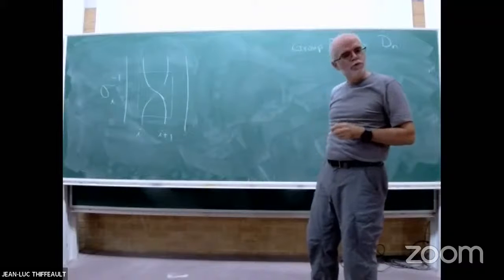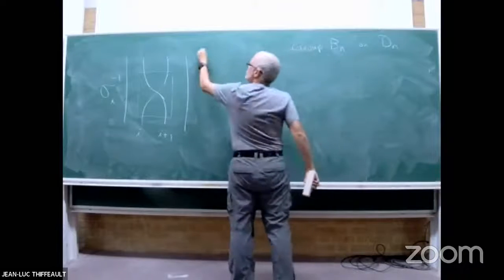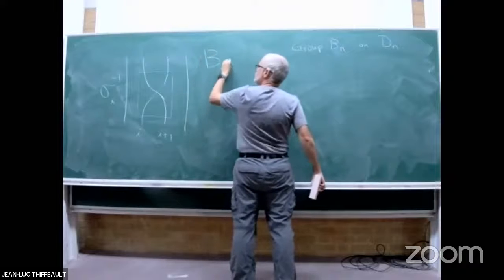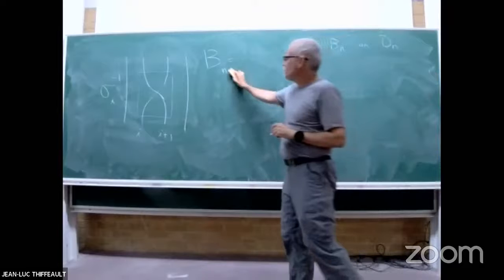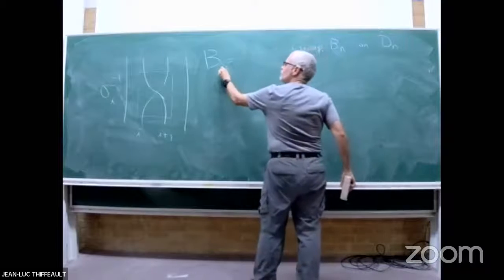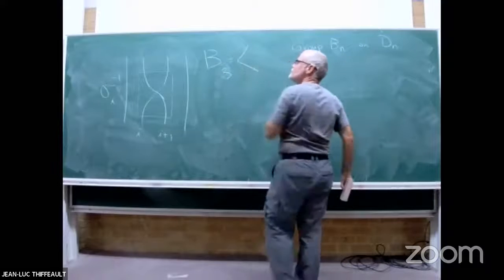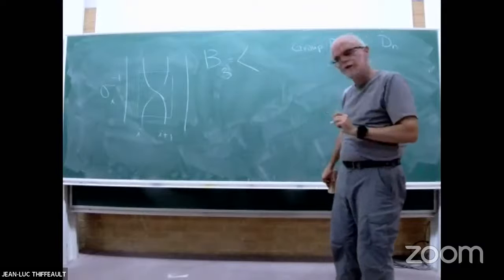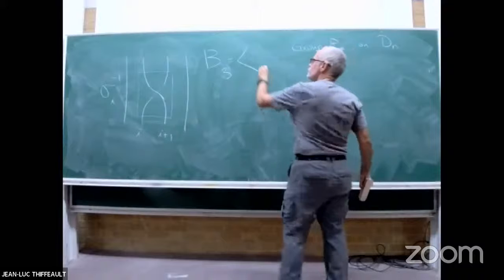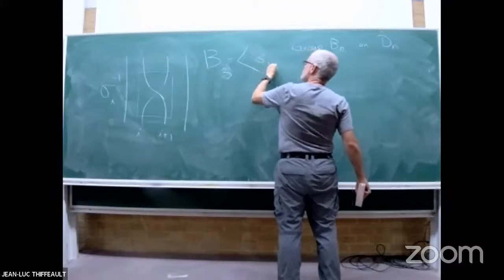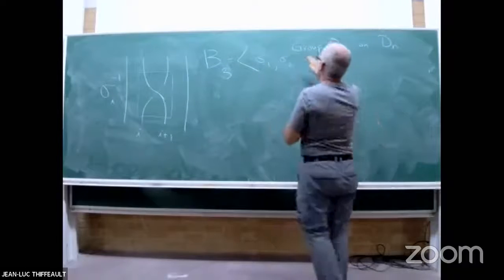The way one writes a group very often, especially such a thing as, let's say we want to write B3. The way B3 is written often, it's a group of 2 generators, right? Because I can only take values 1 and 2. So I would write that this group is generated by sigma 1 and sigma 2.